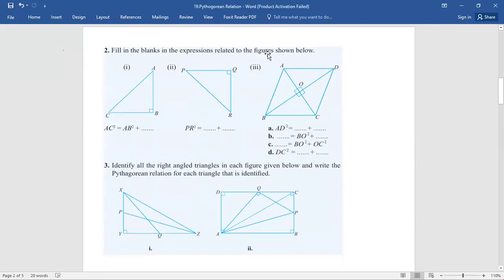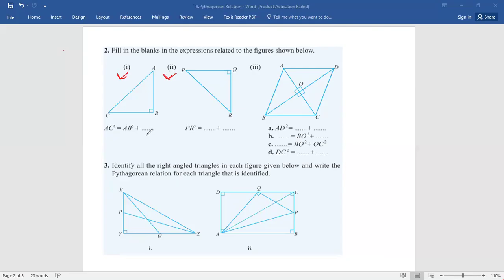It says you need to fill in the blanks, right? So try to fill the blank for the first one and second one. Only do these two. You have to rewrite AC squared, AB squared plus something.